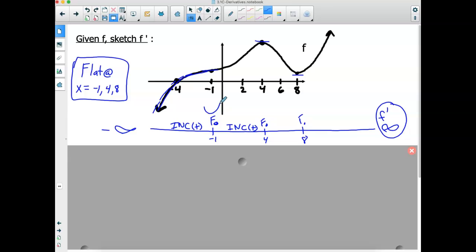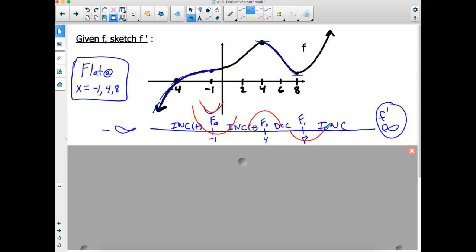Then to the right of the flat at 4, I'm decreasing. And then to the right of this flat, I'm increasing again. So I'm increasing on the left side, and then I decrease here. That's really showing a flat at that spot, and I actually touch 0. Then I decrease and I increase, so that should be this, right?